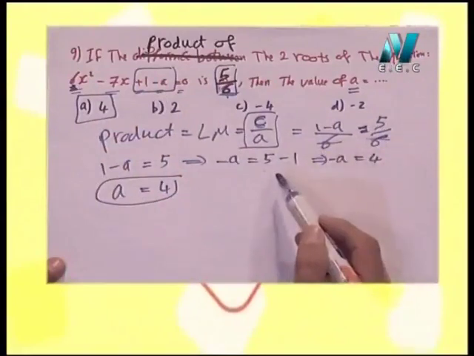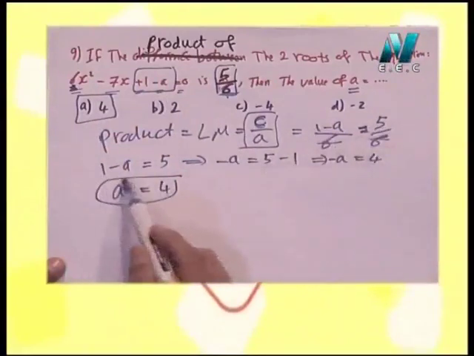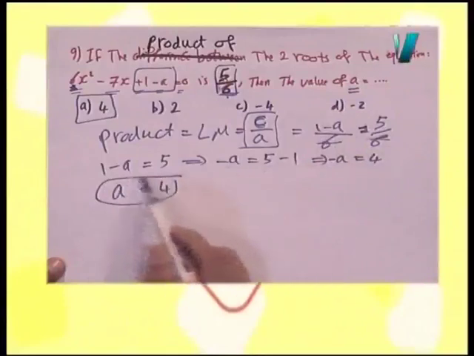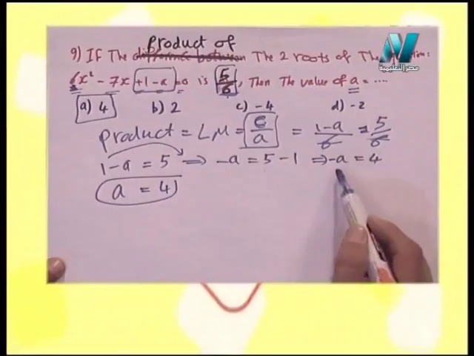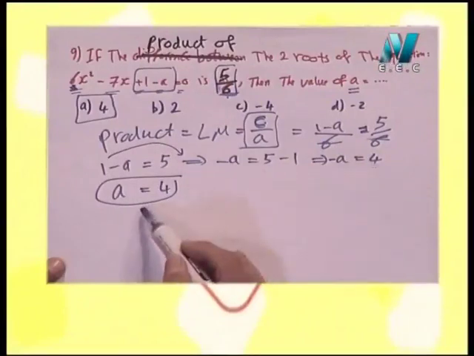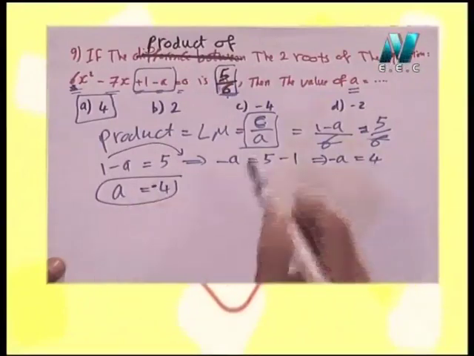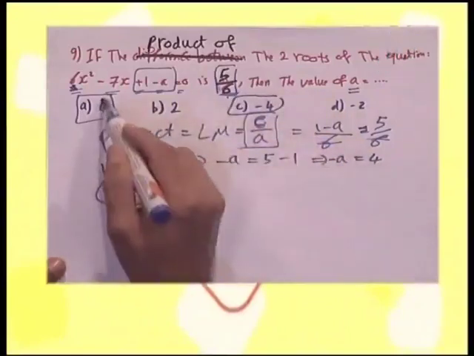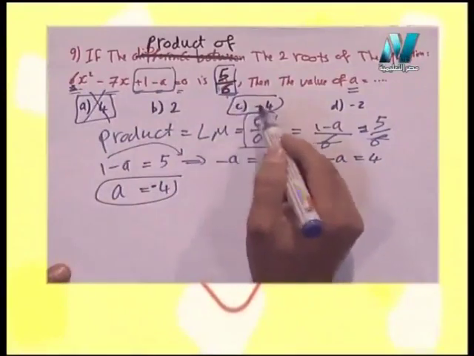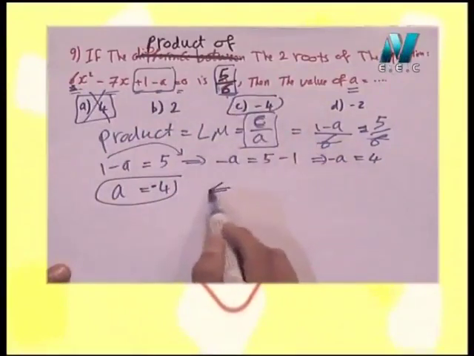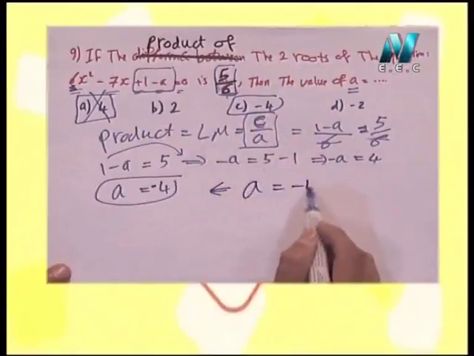Cancel 6 with 6. 1 minus A equals 5 here. So negative A, when we transfer 1, will be negative 1. Negative A equals 4, so A equals negative 4. So the answer will be this, not this. Okay? So A equals negative 4 again.